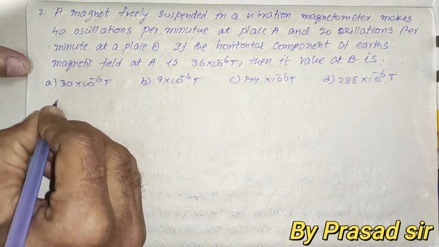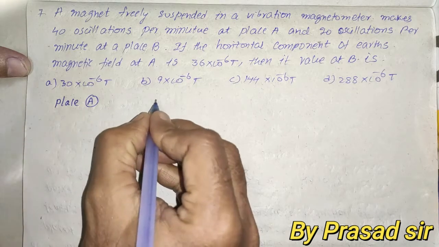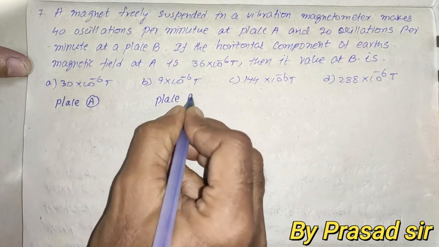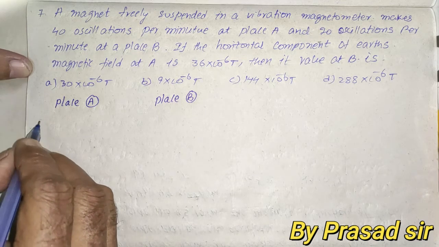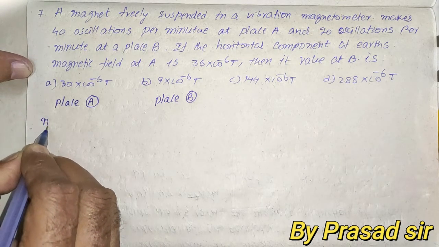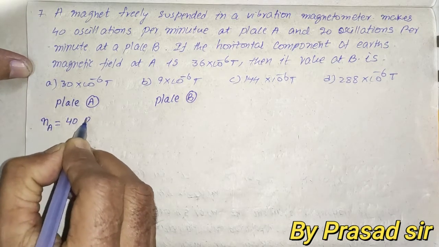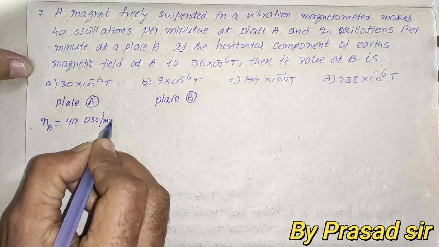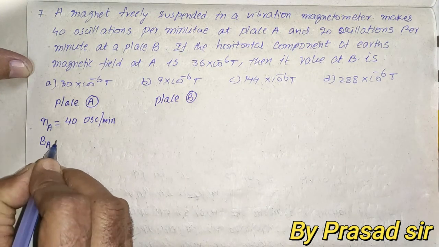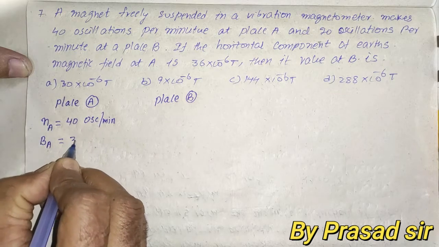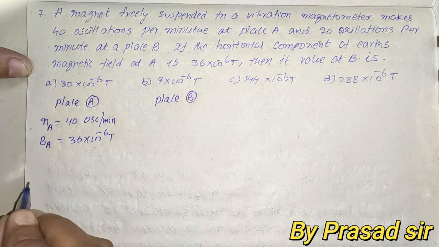So here first of all at place A and here at place B. So at place A, number of oscillations, that is NA, is equal to 40 oscillations per minute, and magnetic field at point A, that is place A, is 36 into 10 to the power of minus 6 Tesla.